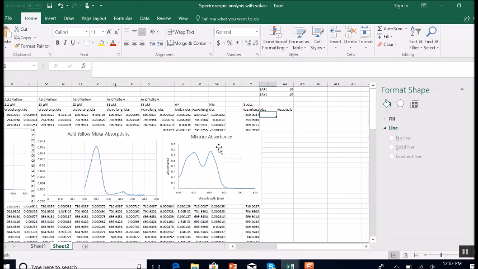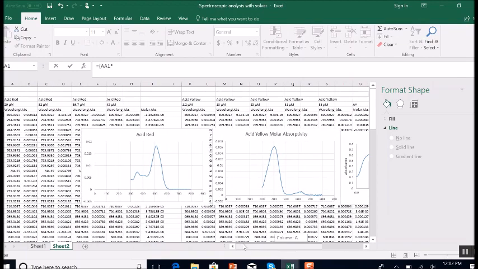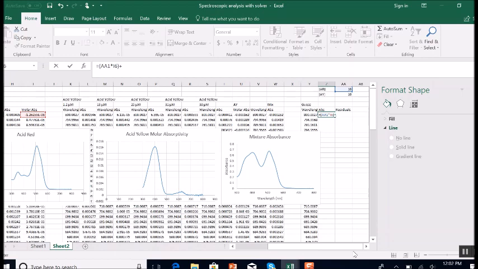So our mixture spectrum should be the concentration of acid red times the molar absorptivity of acid red, which we calculated over here, plus the concentration of acid yellow times the molar absorptivity of acid yellow, which is right here. I'm going to put that part in parentheses. And so at this wavelength, 800, we've used the molar absorptivities at 800 as well.